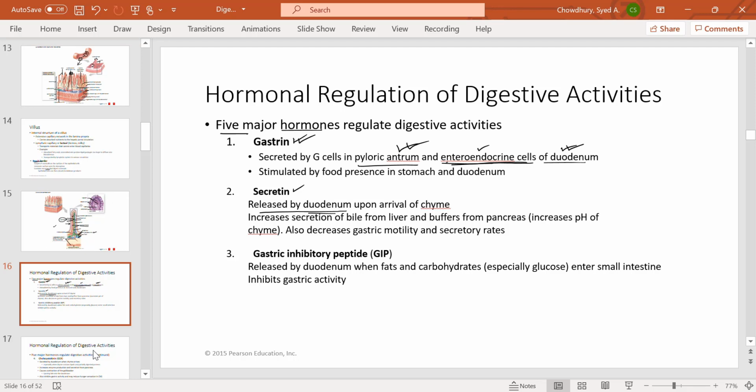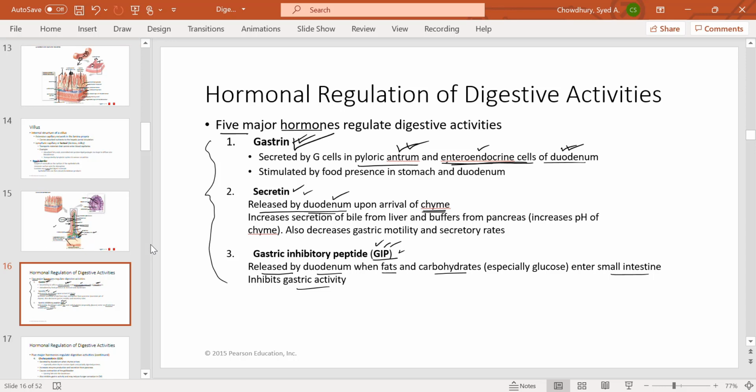But secretin is secreted or released by the duodenum. When the chyme enters into the duodenum from the stomach, that stimulates the release of secretin. And gastric inhibitory polypeptide, GIP, gastric inhibitory peptide. This is another hormone, and it is also released from the duodenum, but when the fats and carbohydrates enter into the small intestine. Okay, so these hormones are released in the stomach and duodenum.